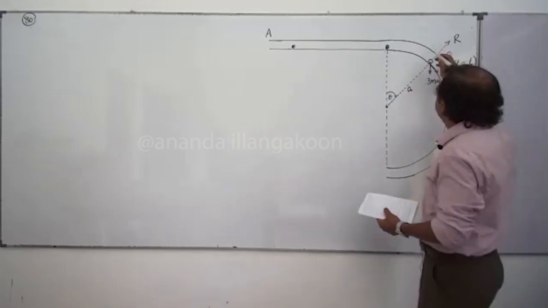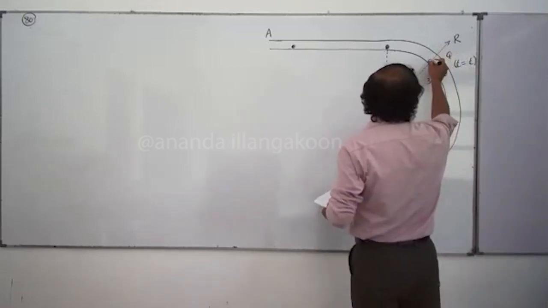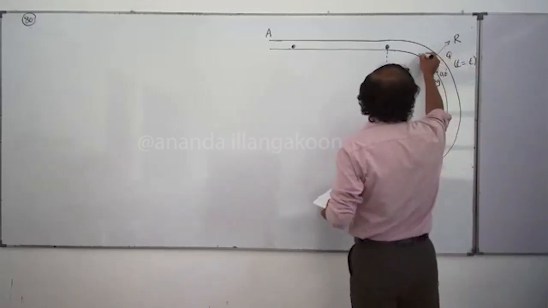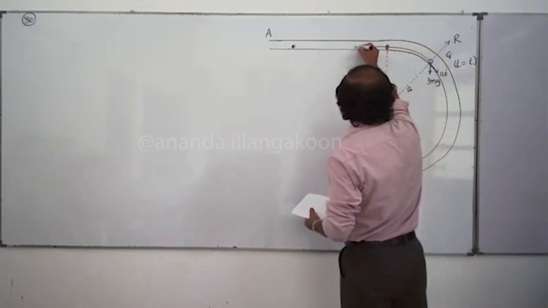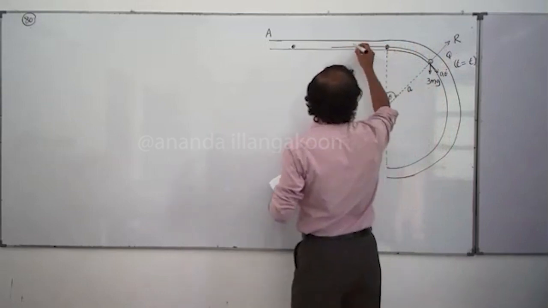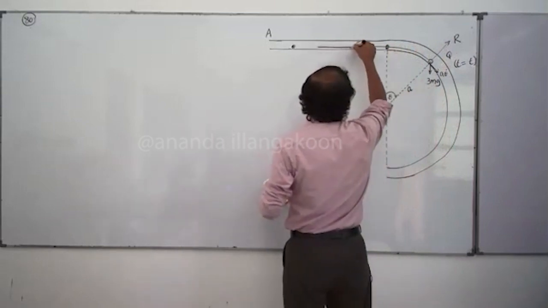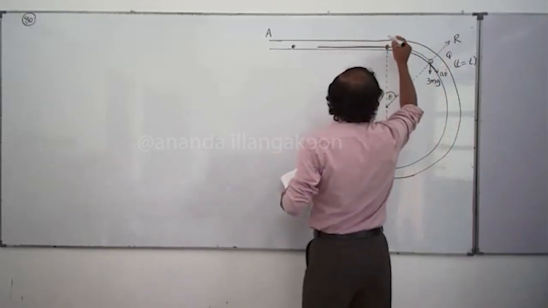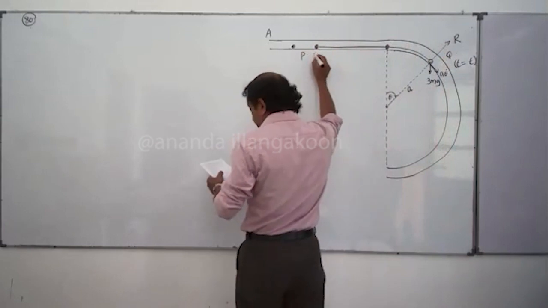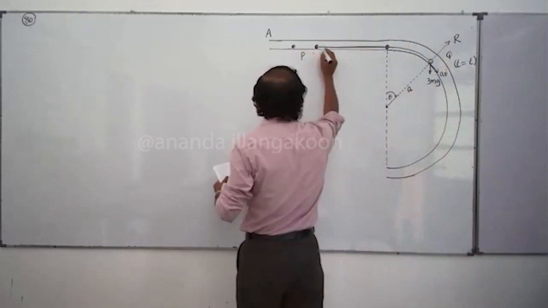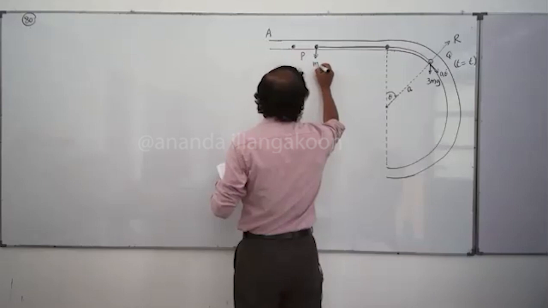Then the string will have tension. Here at time t, particle P has mass m, so the weight is mg.